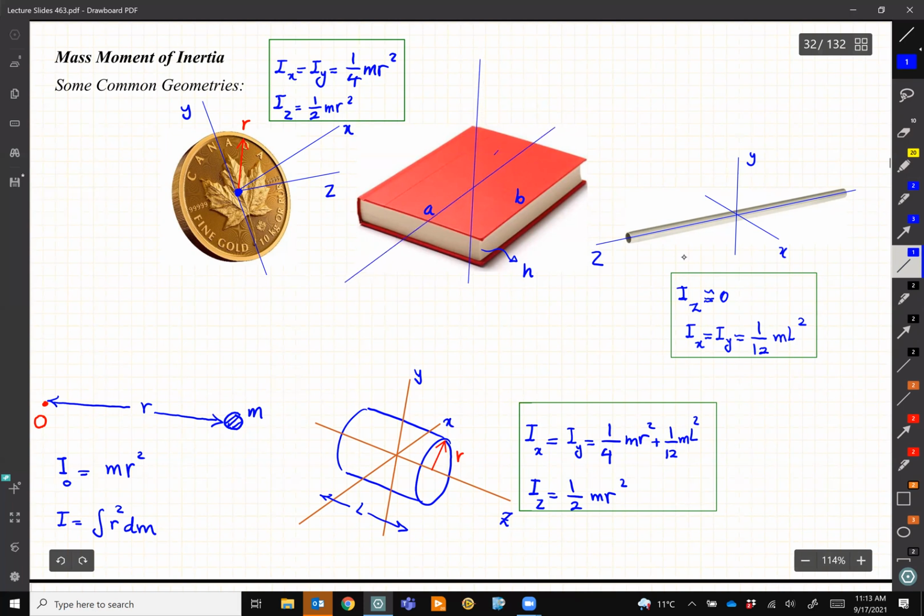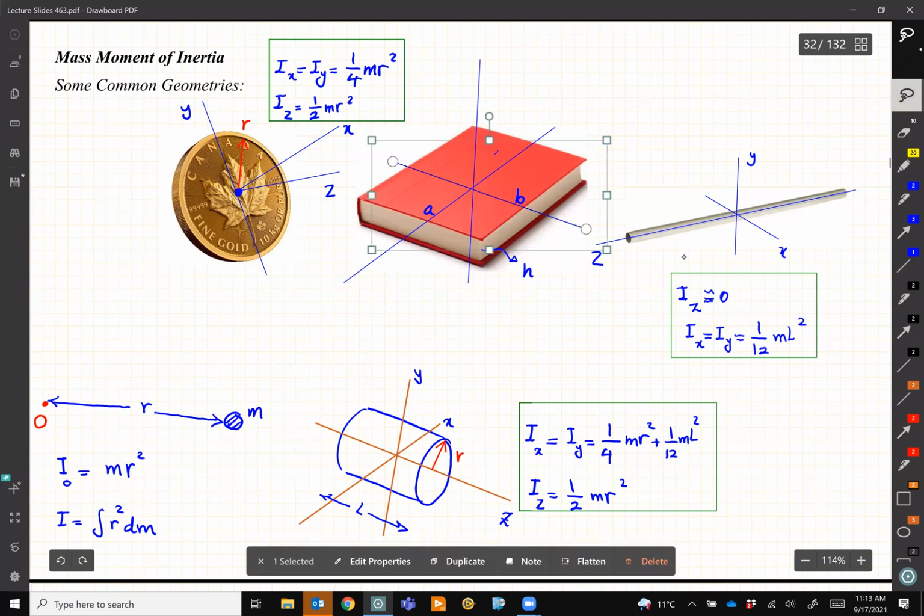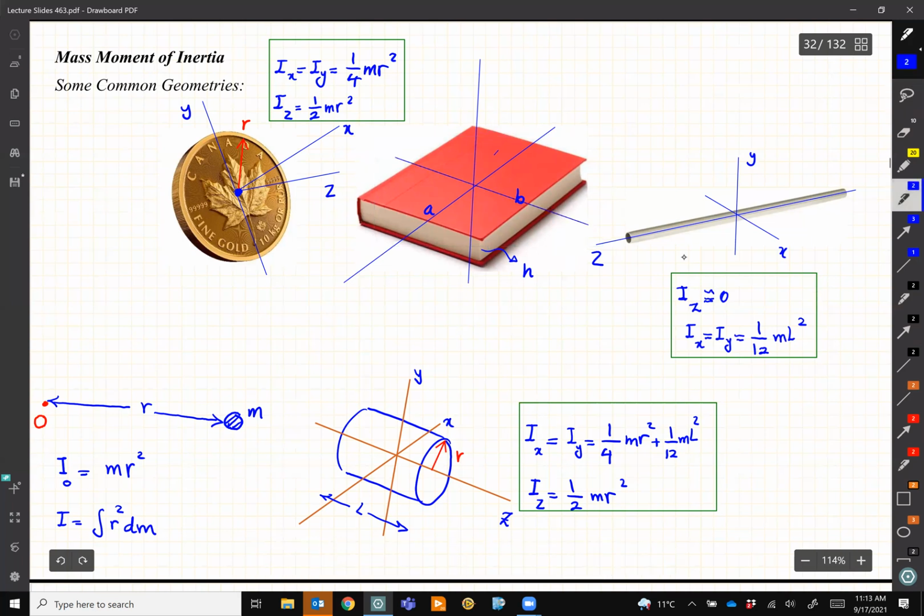Maybe I should do a better job here and show them like that. Okay, so this is the center of gravity. And we can call, let's say, this one X, this one Y, and this one Z. Again, the naming doesn't matter.